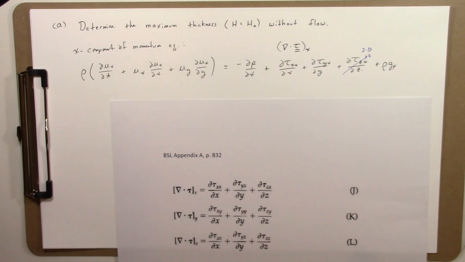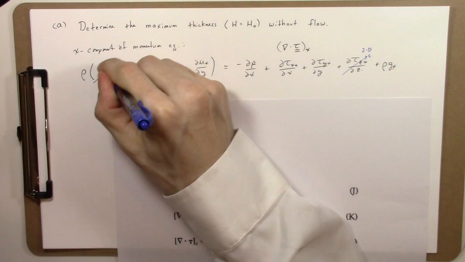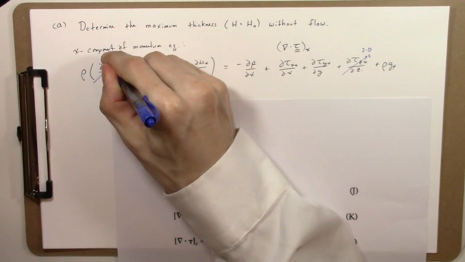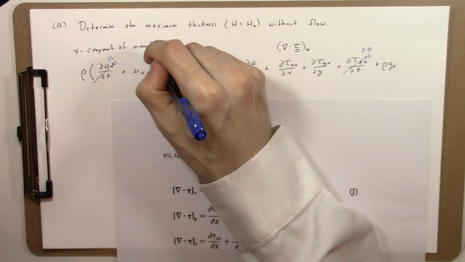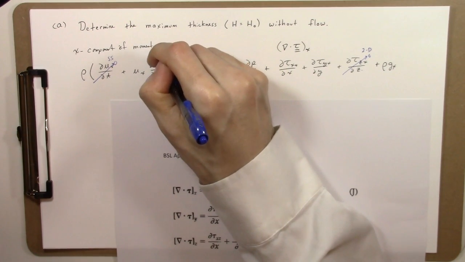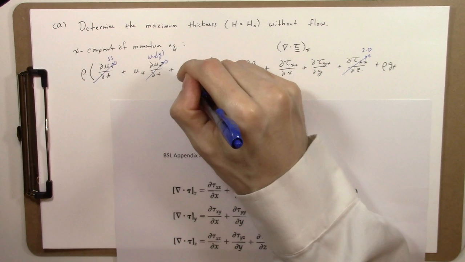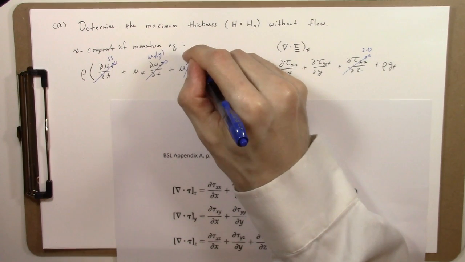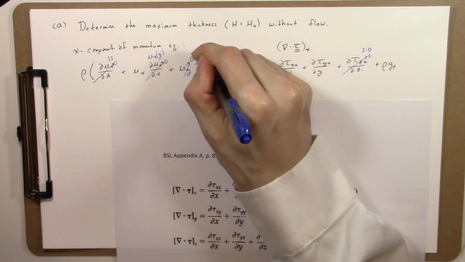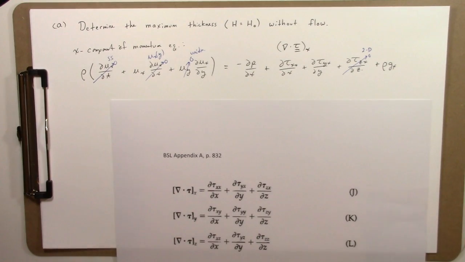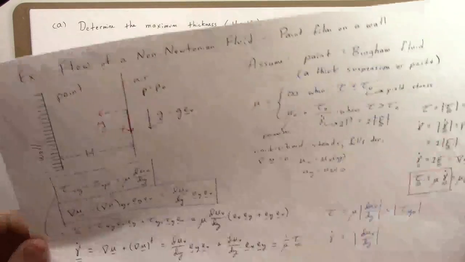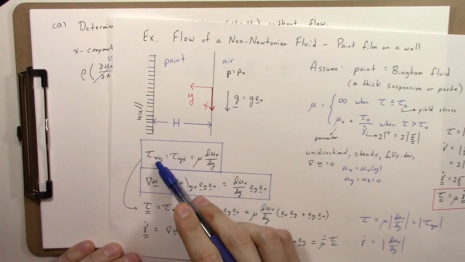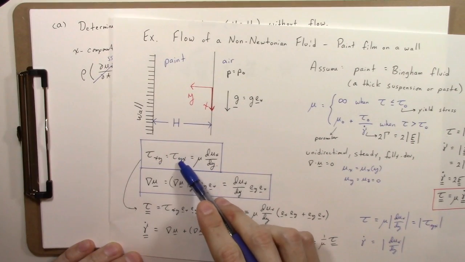So now look at this term by term. On the left hand side, dux dt is equal to 0 because it's steady state. Ux dux dx is equal to 0. Ux is a function of y only. Uy is equal to 0. It's unidirectional flow. We've already seen that the only component of tau that is non-zero is tau xy or tau yx.